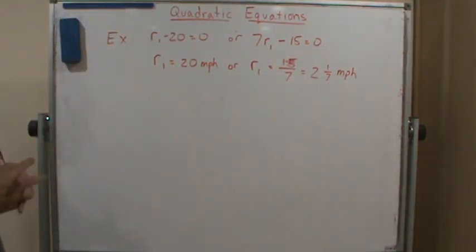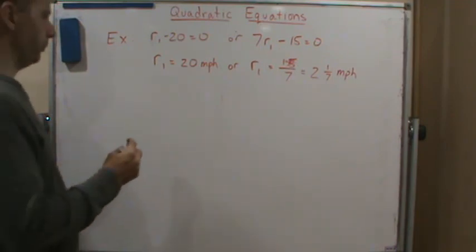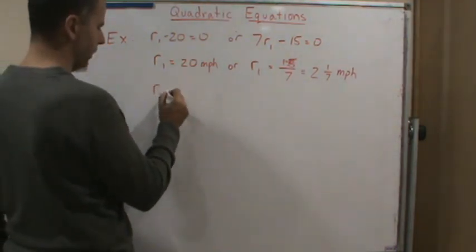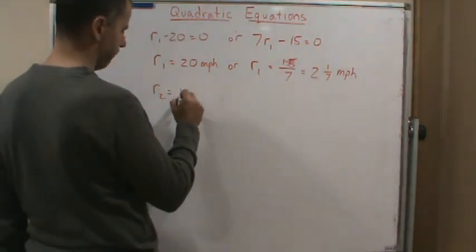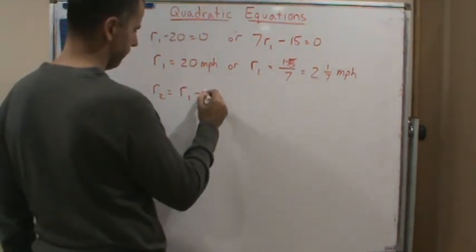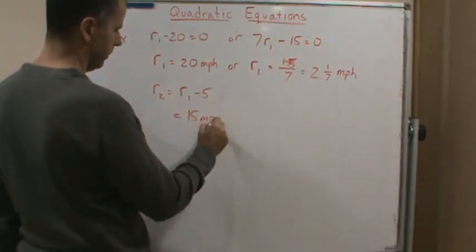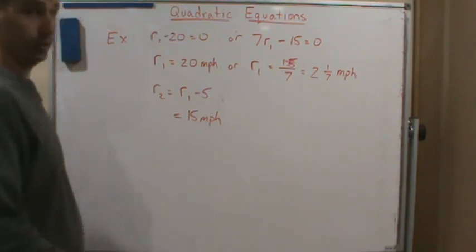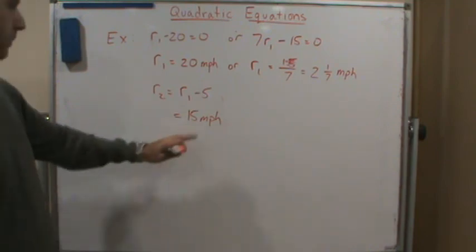So everything looks great until you start looking at R2. Because remember, R2 is equal to R1 minus 5. So in this case, R2, the return trip to the sawmill, was 15 miles per hour.